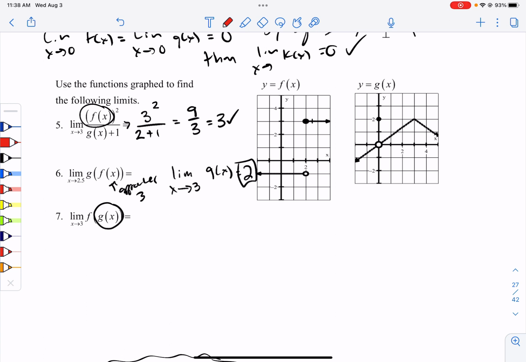Both sides, I'm approaching 2 from below. I'm not approaching 2 from above, and I'm talking about my y value 2. As I'm going to the middle at 3, my function is going up to 2. So I'm approaching 2 from below 2, from the left of 2.